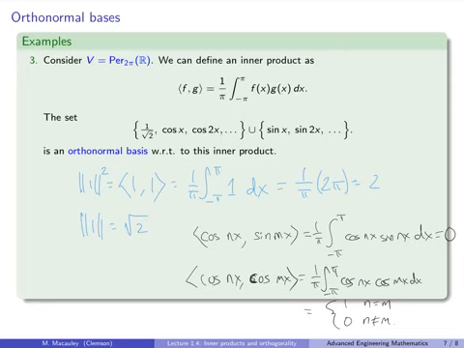And then similarly, you have to check that the same thing holds with sine of nx and sine of mx. So it's a little bit more complicated here. It's not quite as easy because you have sines and cosines. So that's why it's not quite as elegant in this form as the complex inner product, which is why I showed you that one first.